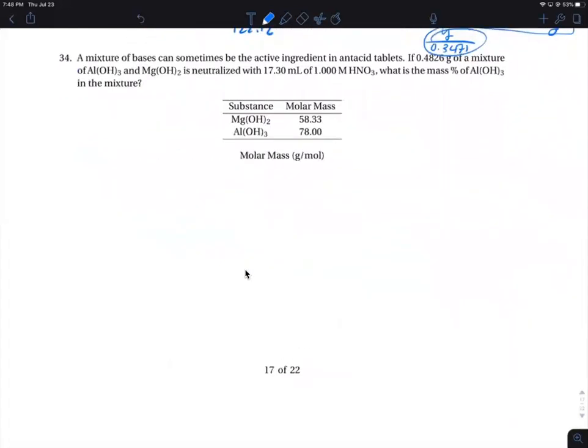And now for number 34. Okay, so we have neutralization reactions again, so let's go ahead and write them out.